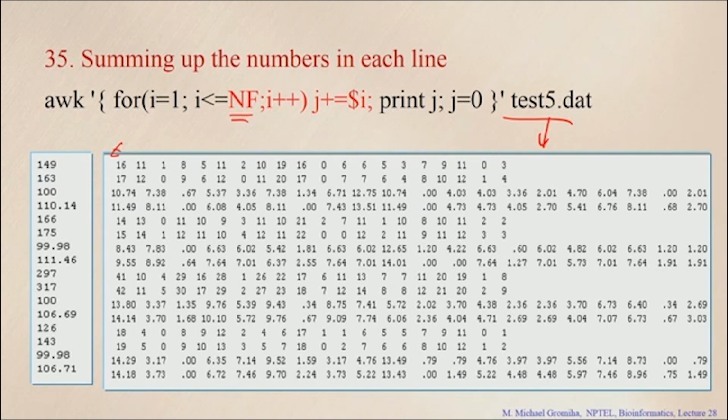So, j plus equal to $i. So, you are adding each value here, right, and finally print j. So, print j means this is the sum of the values, because we give j plus equal to $i, right. So, j equal to 0, because we need to write this final answer.